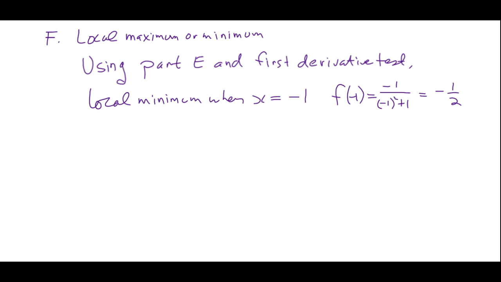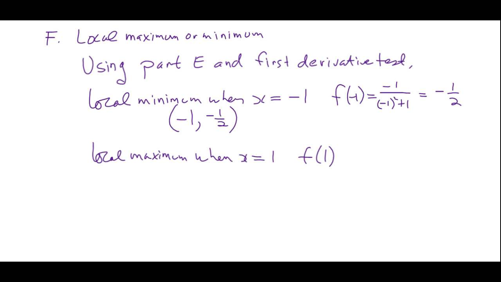So we got a local minimum at -1 and -1/2. And then local maximum when x is equal to +1. So we need to evaluate the function, right? Because we need that value. We're going to plot that and say, okay, here's my min, here's my max. So f of 1 is +1/2. So local maximum at 1 and 1/2.